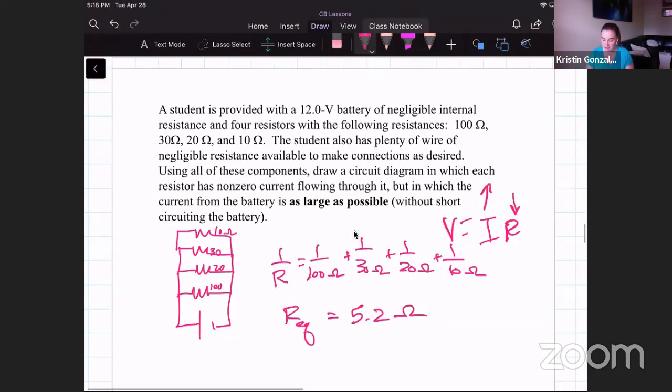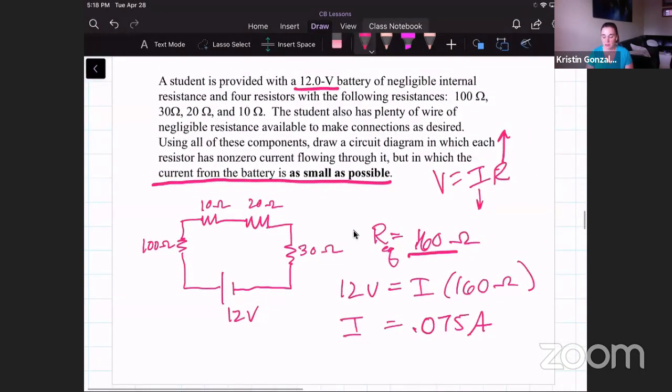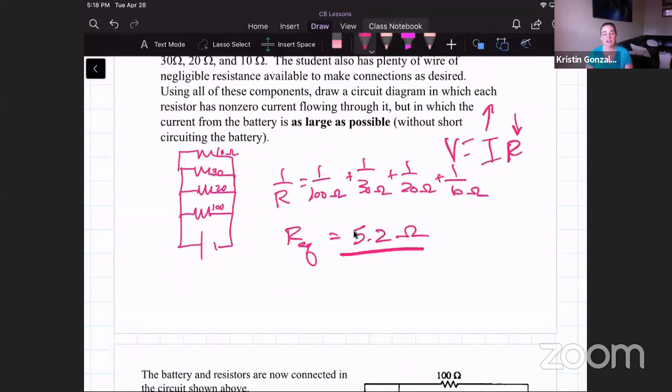So you can see what that difference is. If we combine those resistors in series, we get 160 ohms. But if we combine those same exact resistors in parallel, well, now it's only 5.2 ohms. Okay, so if we then again found the current, this time we get 2.3 amps. So much, much greater current when those are in parallel than when they are in series.